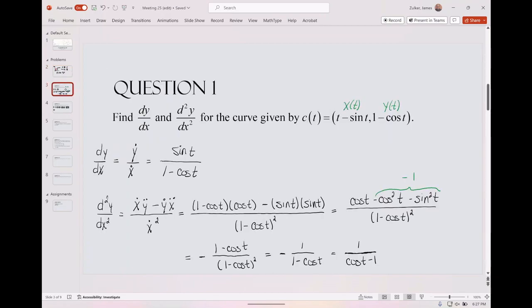So just a slight change. This is cubed. This is cubed. That's cubed, which means this becomes cubed. That's going to become squared.